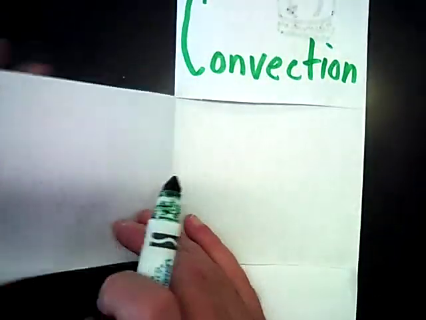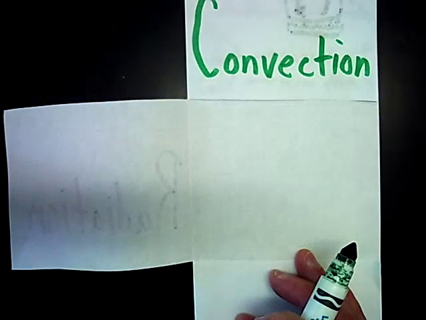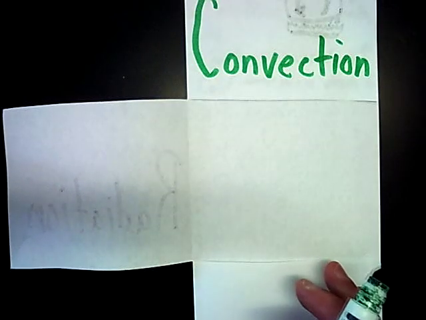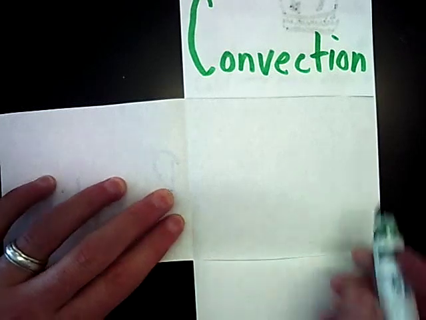Next, we'll look at radiation. Radiation's a pretty unique one, because out of these three methods, convection, conduction, and radiation, it is the only one that doesn't require a medium or some type of matter to move through. Okay?